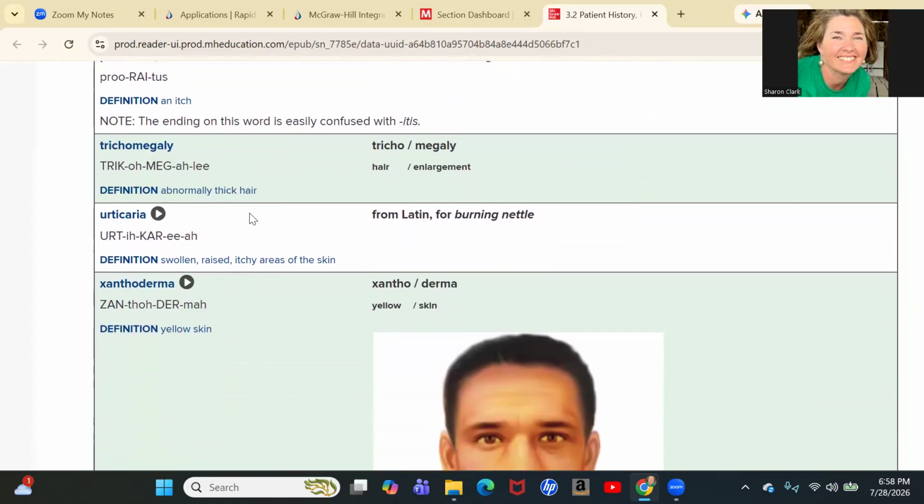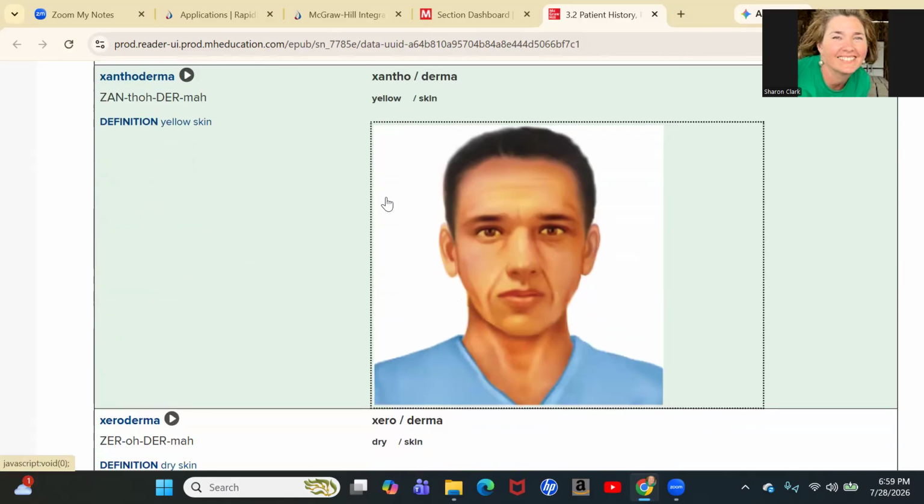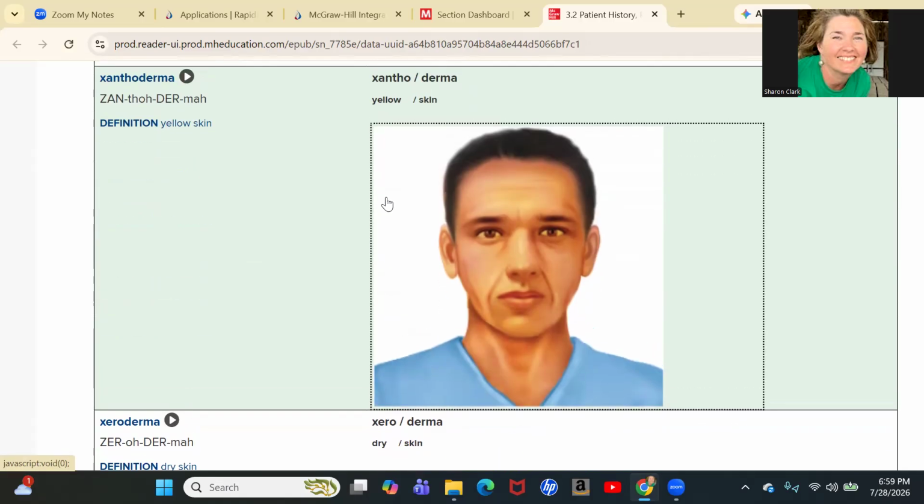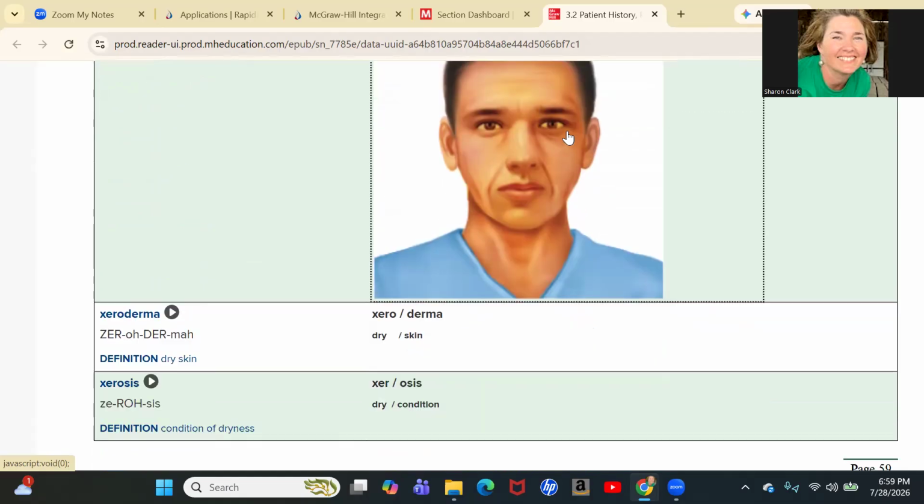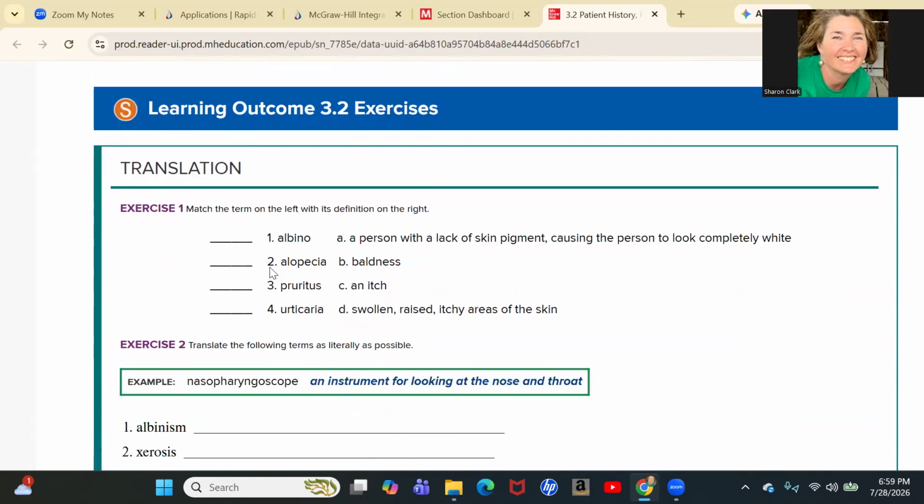Pruritus, trichomegaly. This term megaly means enlargement. That might be a new one for this section. I'm not sure if we've had that one yet as a suffix. So make sure you kind of highlight that one. Okay. And then xanthoderma, yellowing of the skin, yellowing of the sclera of the eye.